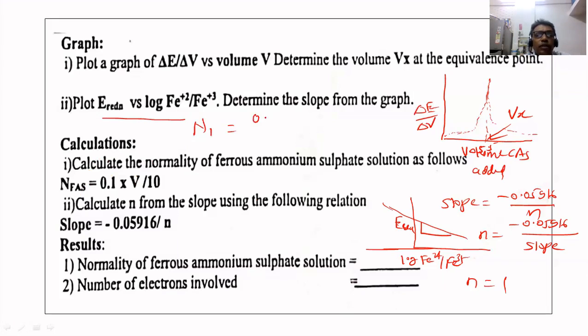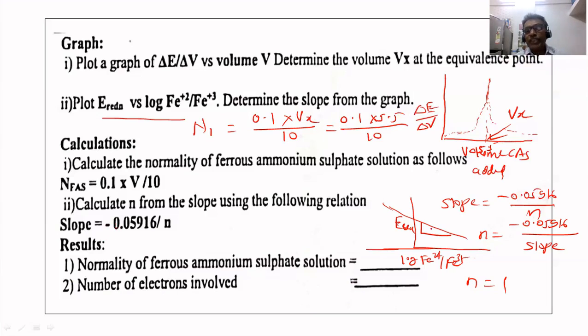It is equal to 0.1, the normality of cerric ammonium sulphate, into Vx divided by the volume. We have taken 10 ml of ferrous ammonium sulphate solution in the beaker. Suppose Vx is equal to 5.5. We put that value and get the normality: 0.1 into 5.5 divided by 10.